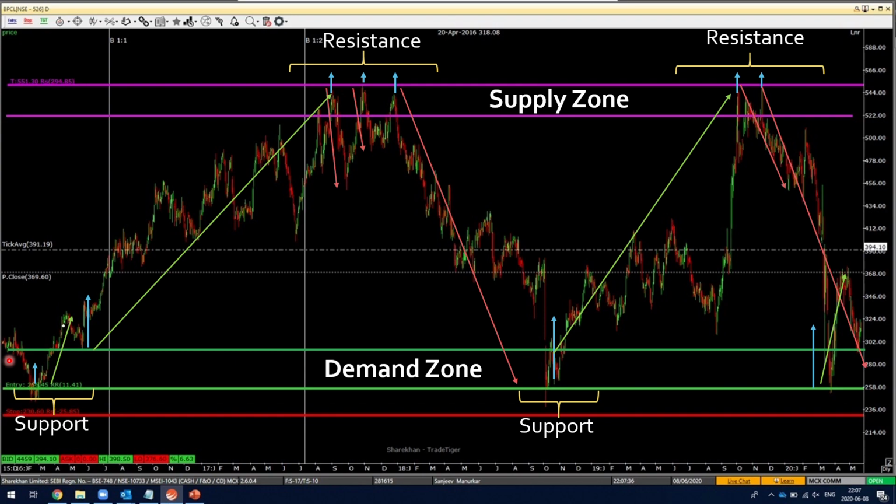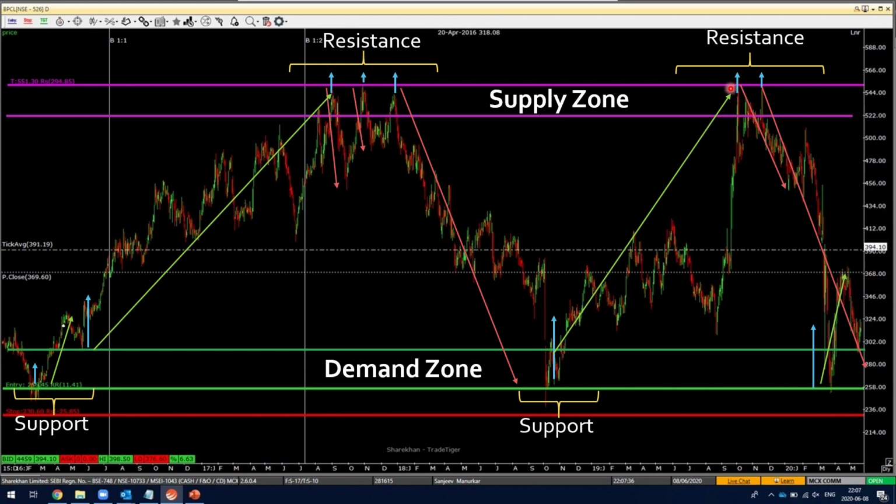But the moment you understand the demand zone and the supply zone, you can be assured most of the time that the stock is generally going to trade in this higher or lower range. Then it is easier for you to draw conclusions of when to buy and when to sell.